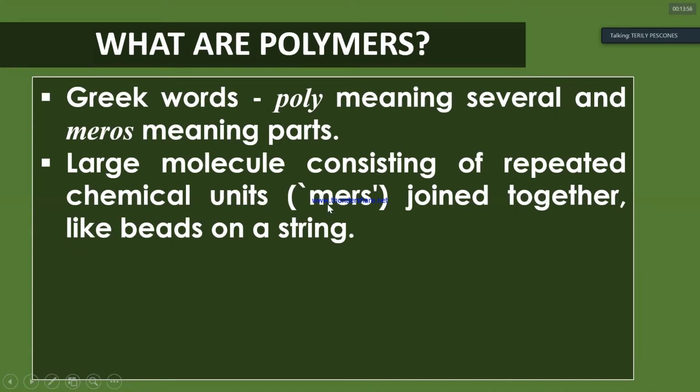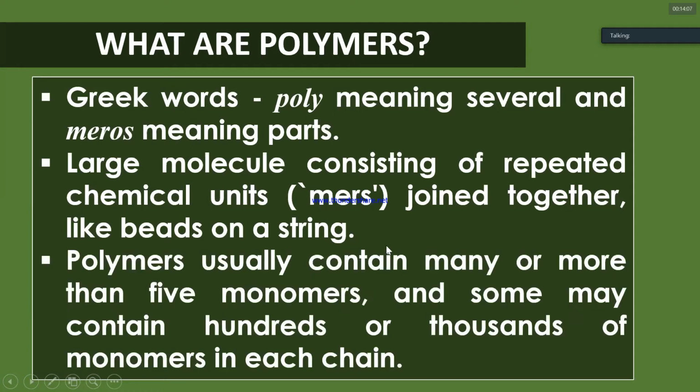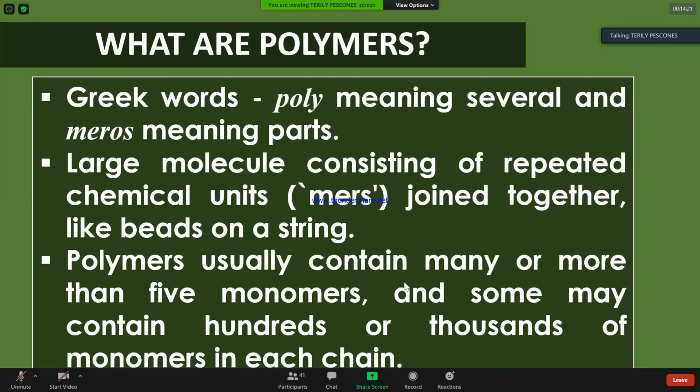So, ang tawag natin doon sa mga chemical units is what? They are mers, joined together like beads on string. These are large molecules. The term polymer is a general term.